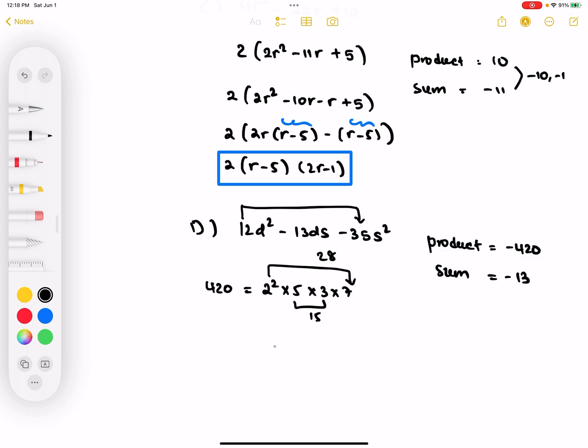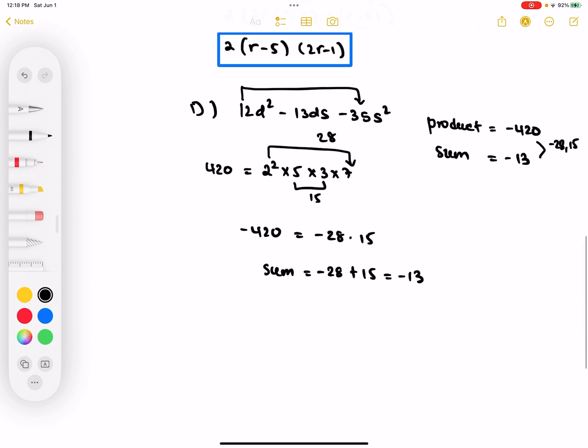So minus 420 can be written as minus 28 times 15, and it also satisfies the sum: minus 28 plus 15 is minus 13. You see now? So the product of minus 420 is minus 28 and positive 15.